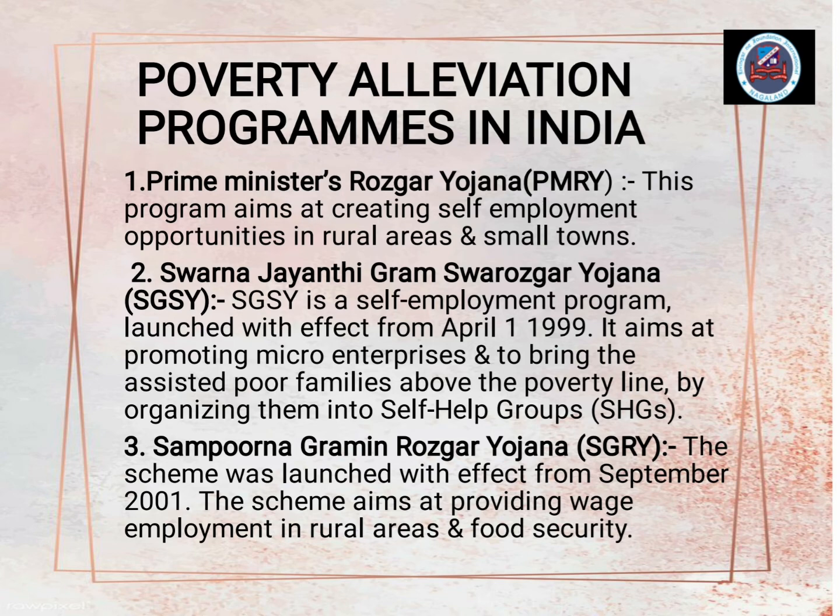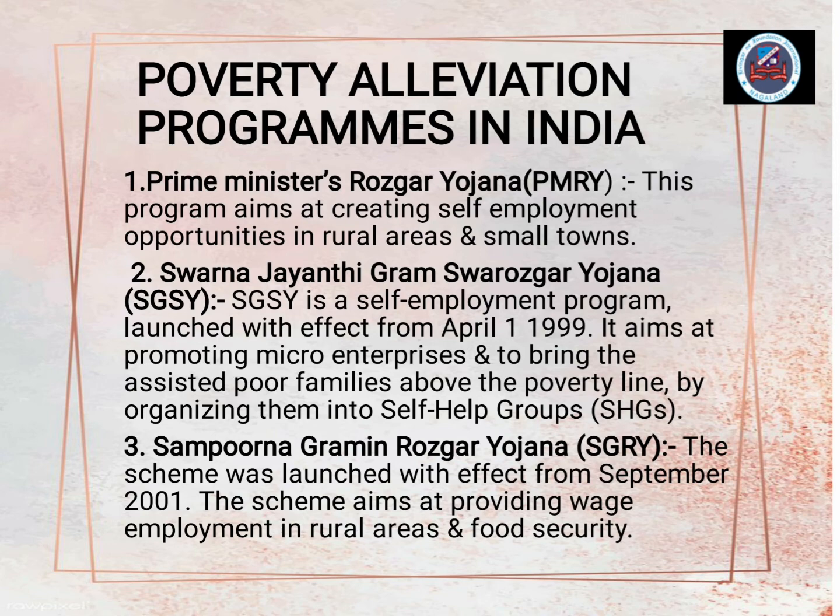So that is PMRY. The second is SGSY, that is Swarna Jayanthi Gram Swarozgar Yojana. Now, what is this SGSY? SGSY is a self-employment program which was launched with effect from 1st April 1999 as a result of restructuring and combining the earlier poverty eradication programs like the Integrated Rural Development Program and Development of Women and Children in Rural Areas.